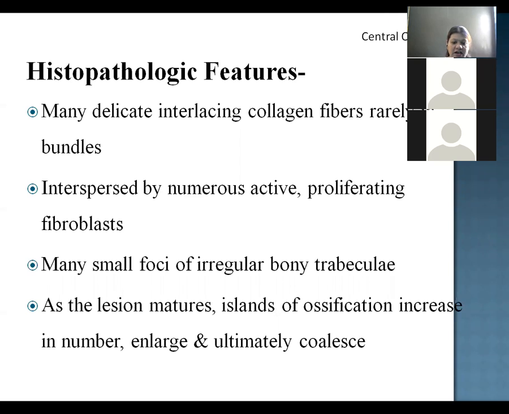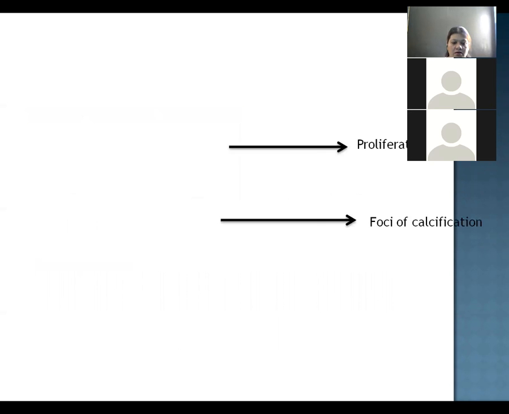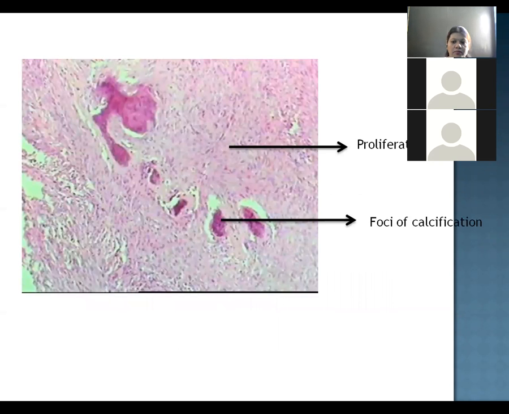As the lesion matures, islands of ossification increase in number and enlarge and ultimately coalesce. So proliferating fibroblasts and foci of calcification are the two important findings of the central ossifying fibroma.